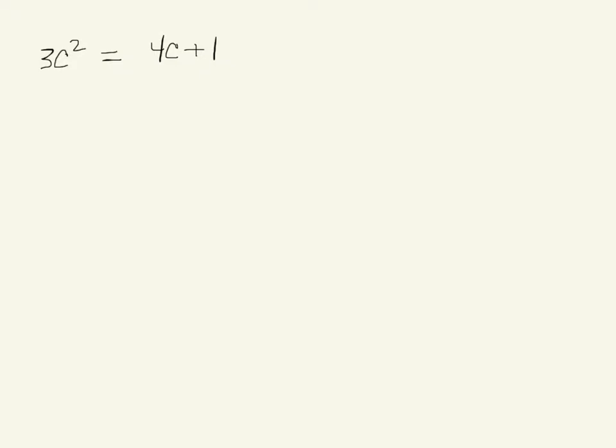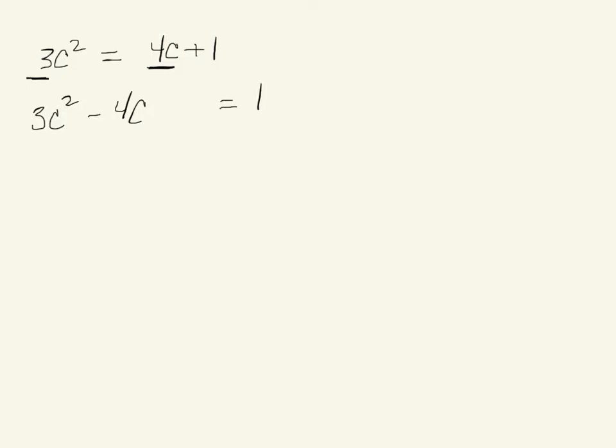Okay, so this one, you've got some problems. First of all, we have a number right here by the c squared. Next, we have this c term over here. We want the c term over there. So we have 3c squared minus 4c equals 1.